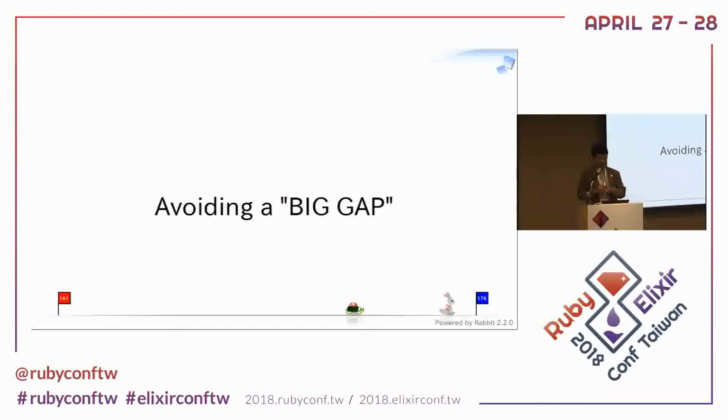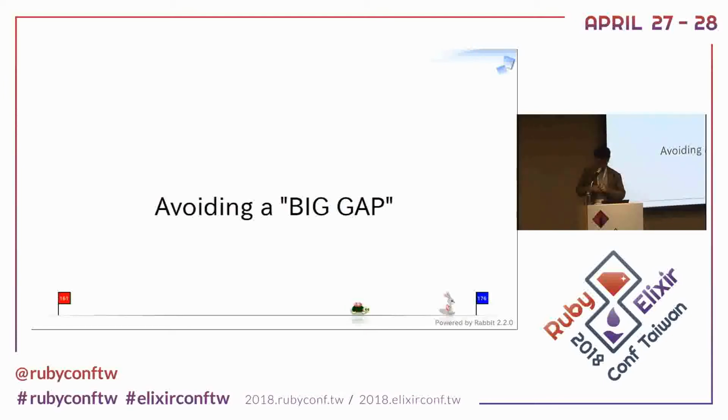But after 1.8 and 1.9, we had some kind of community division for, say, 5 to 7 years. That is kind of a tragedy, because we, the core team, were working on the newer version of Ruby, but some part of the community stayed on the old version, which does not evolve and is not improved.